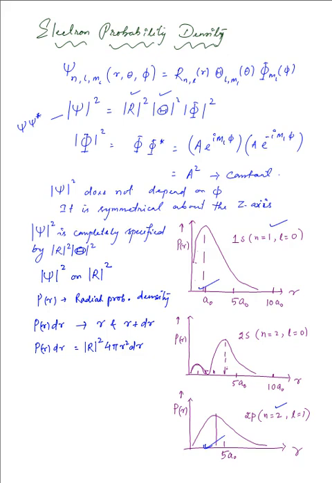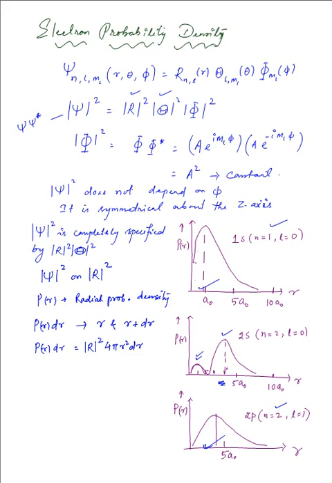For the state 2s, however, the main maximum is a little deviated from 4a0, so this is not exactly at 4a0, and it also has a weaker maximum over here. Thus, whereas the electron is most likely to be found at the locations of the Bohr orbit, it has a finite probability of also being found elsewhere, which is suggested by the small peak that we see in the 2s state.